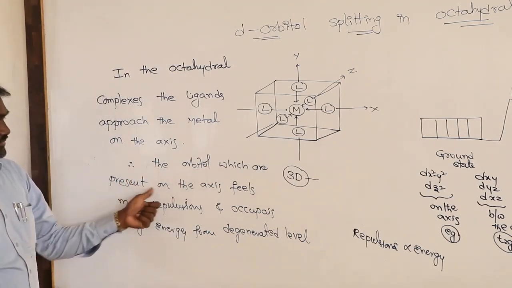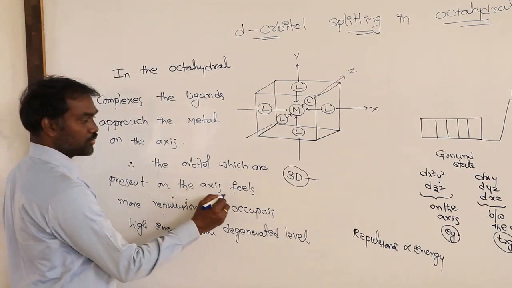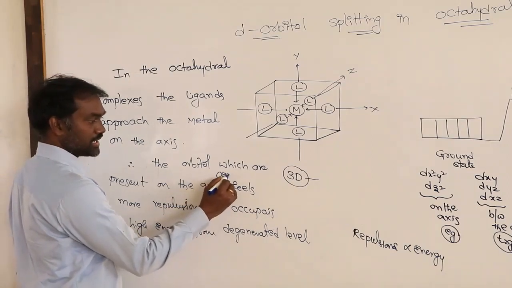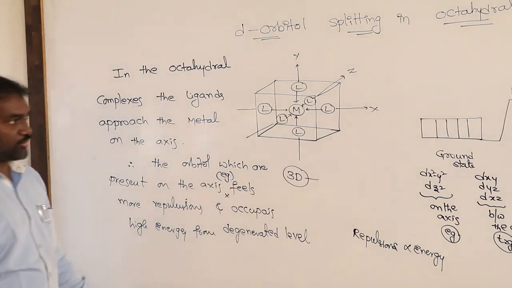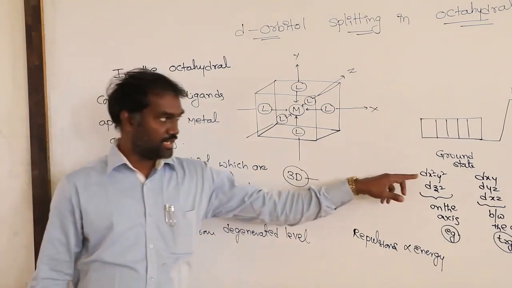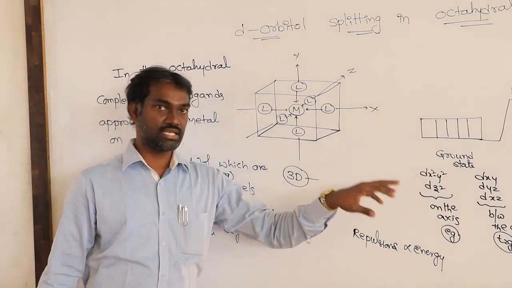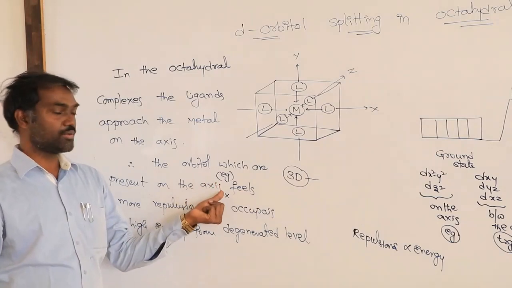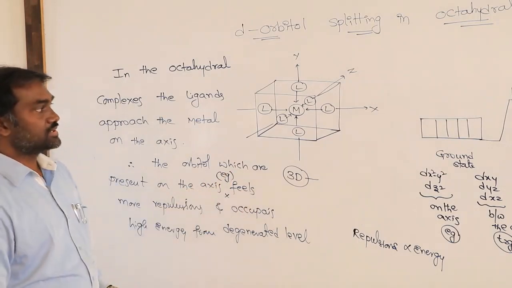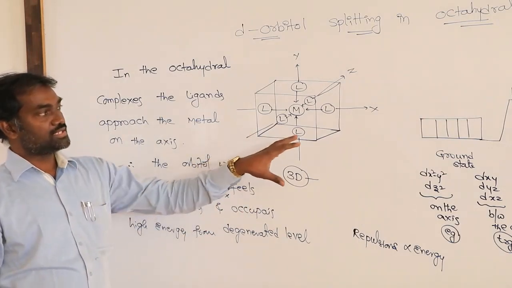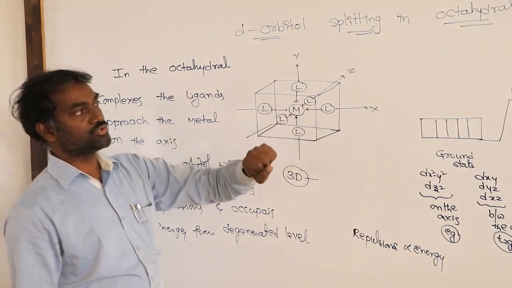The orbitals present on the axis, who are they? In brackets you can write eg orbitals. What are eg orbitals? dx square minus y square and dz square, also write in the brackets. This is the explanation of how octahedral complexes split.